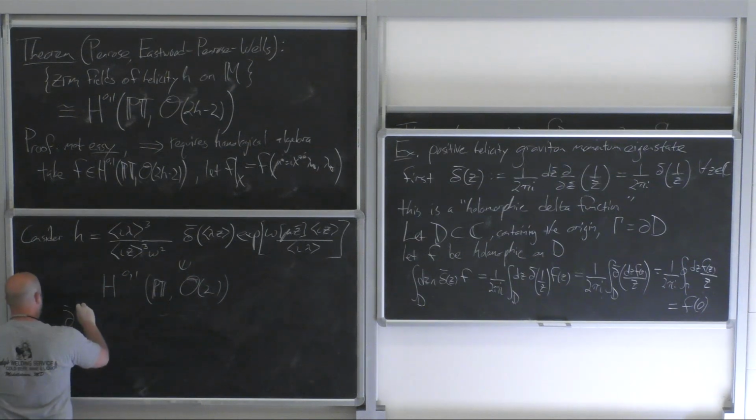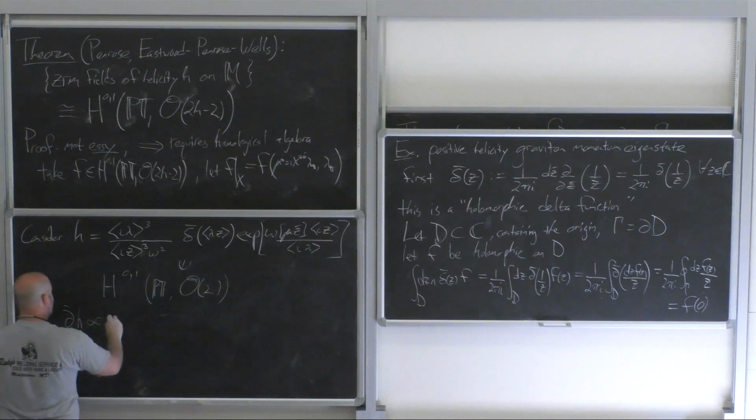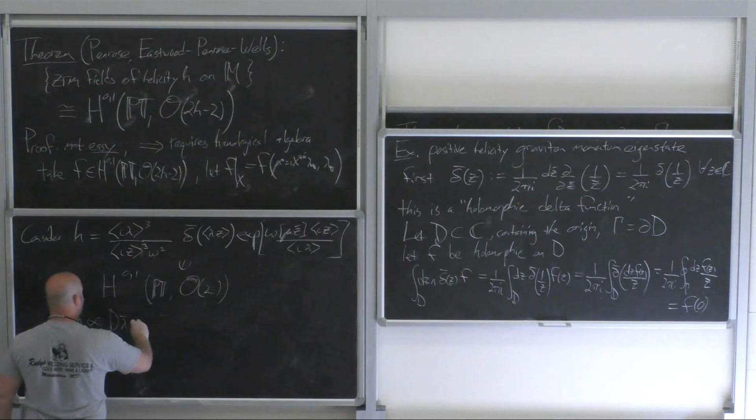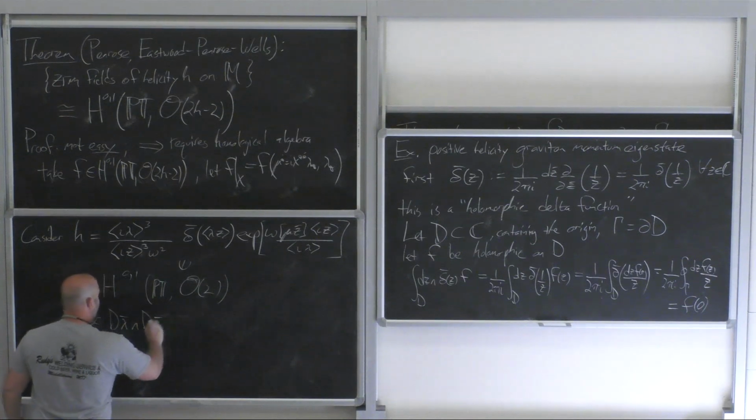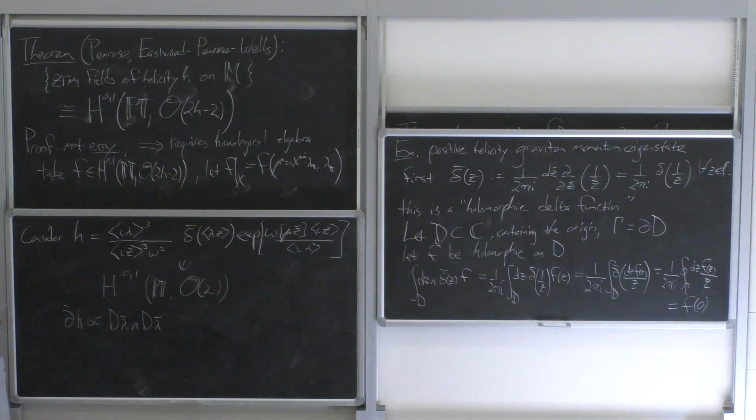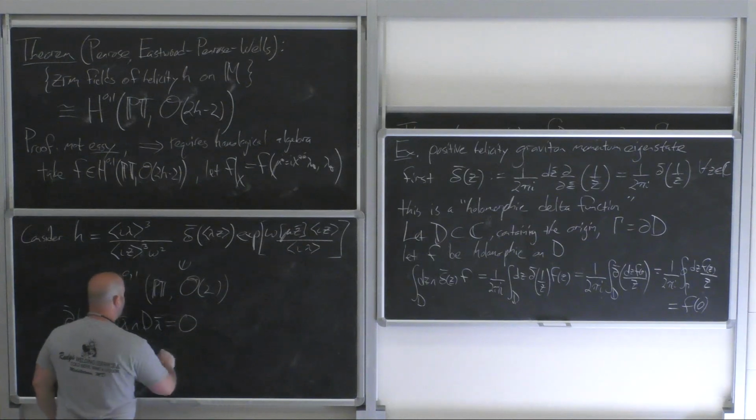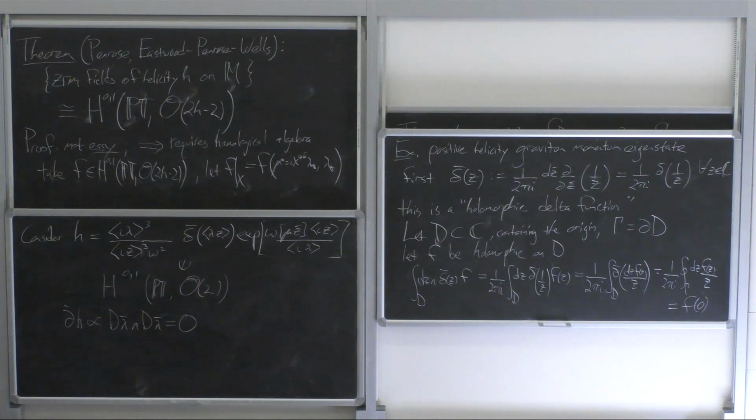So d bar h would be proportional to d lambda bar wedge d lambda bar, and this is 0 on twistor space precisely because we've removed the bit of twistor space where all the lambdas are allowed to be 0 simultaneously. That means there's only one degree of freedom in lambda. So this thing is d bar closed.